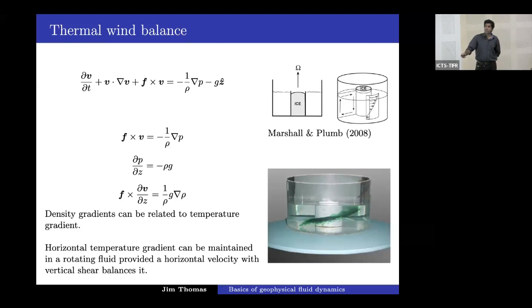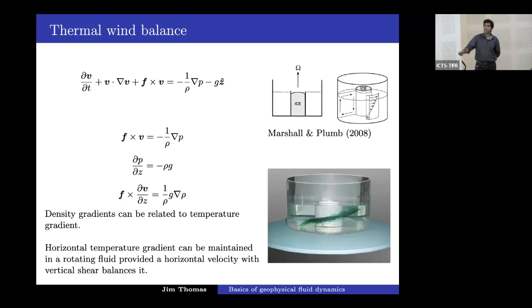We could differentiate this expression with respect to Z. If I differentiate this with respect to Z, I have a vertical derivative of velocity getting in here. And when I differentiate pressure with respect to Z, I can substitute this expression, rho times g. Now, density rho can change in the horizontal direction, and so when I plug it in here, I get this.